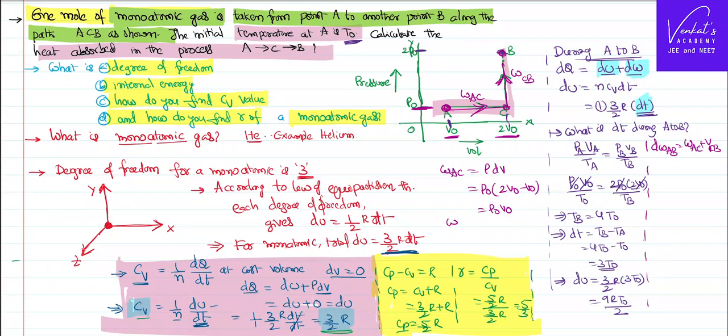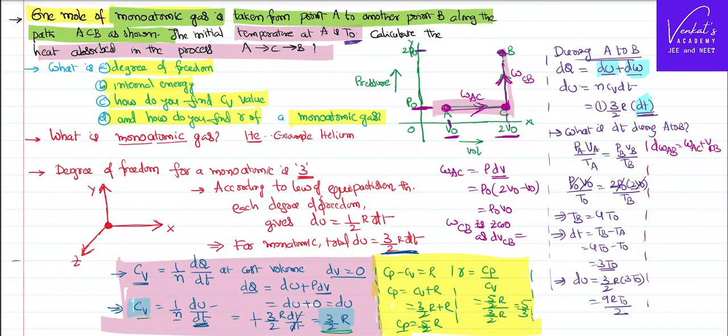Now work done during CB is PdV, of course. P is changed, but I would like to say the work is 0 because the change in volume during CB is zero.